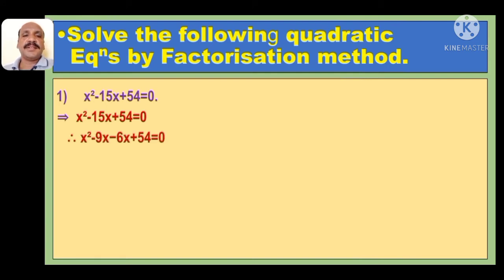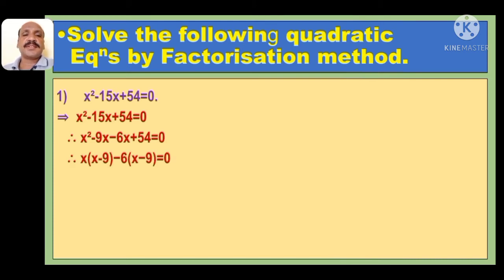Here we'll find the factors of minus 15x, which is minus 9x minus 6x. Then we write these factors in the equation. Therefore, the equation becomes x square minus 9x minus 6x plus 54 is equal to 0.